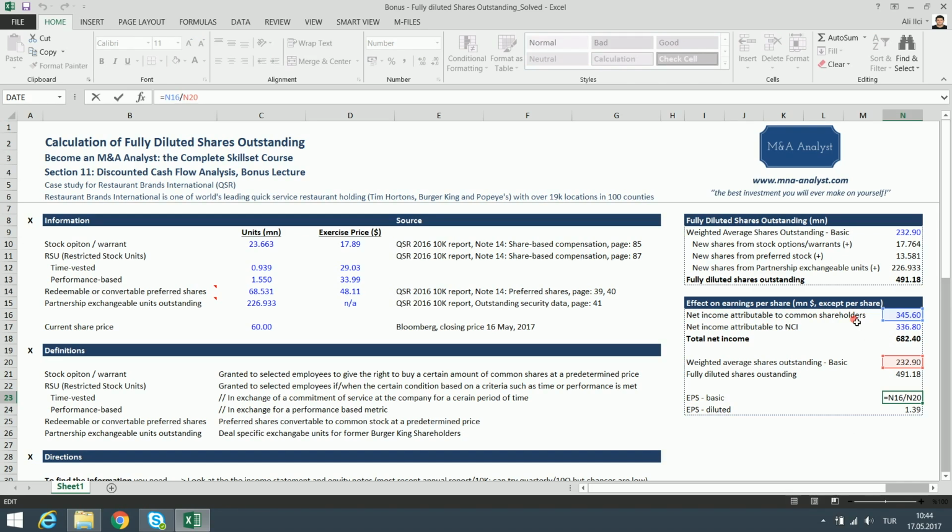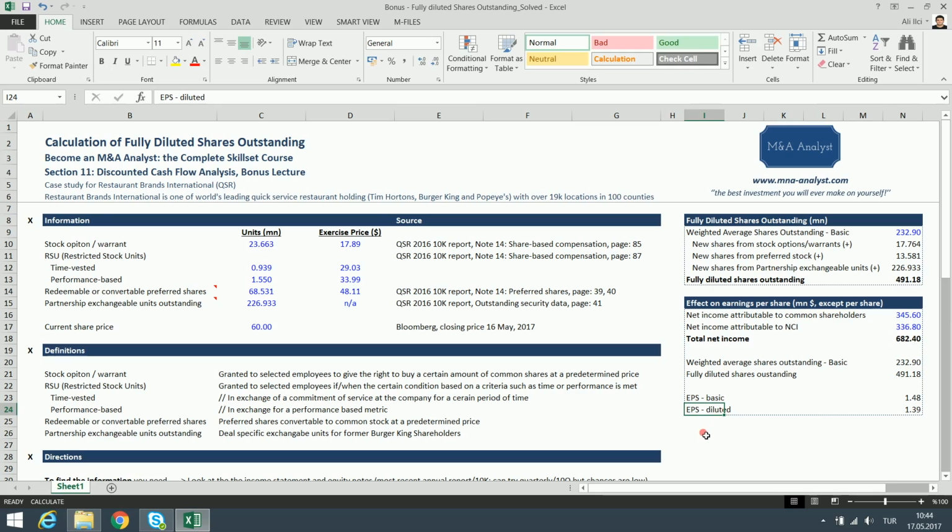This excludes the net income attributable to non-controlling interest because, as you can see here, we are dividing the net income to common shareholders by the number of basic common stocks, which gives us an earnings per share of $1.48 per share.